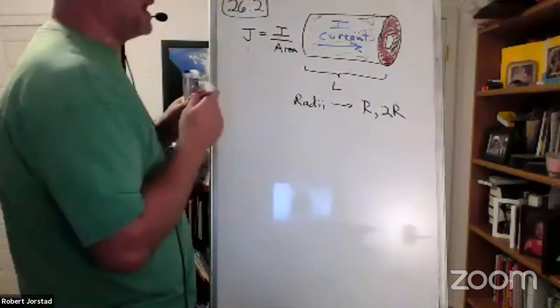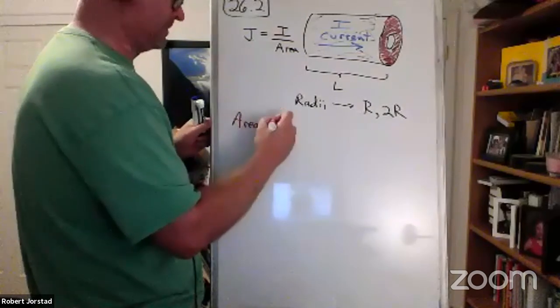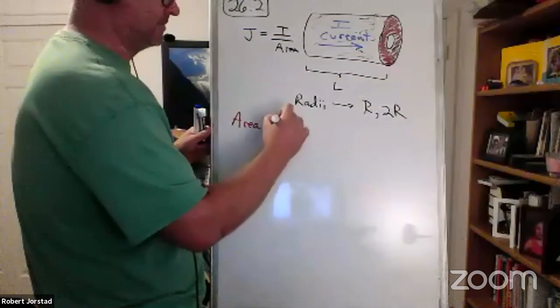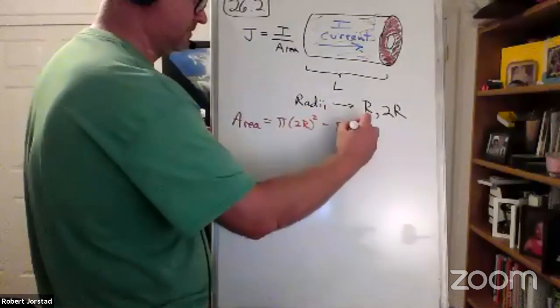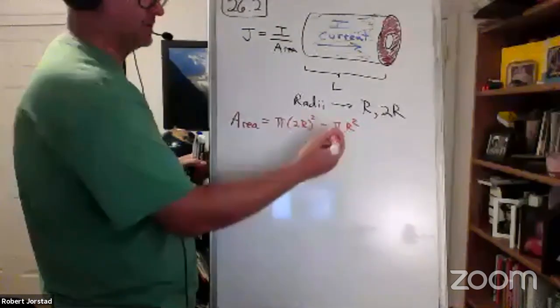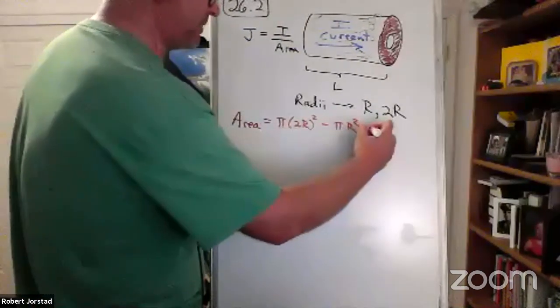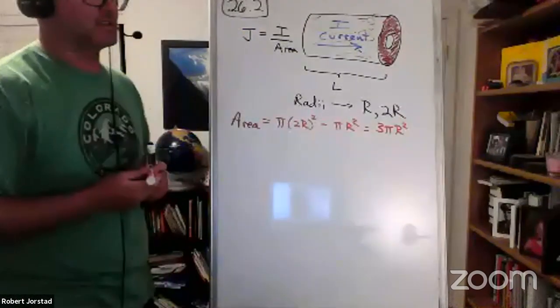Now, in this case, that area is going to be, right? It's the area of the outer circle minus the area of the inner circle, which is just 3 pi r squared. So that's the area.